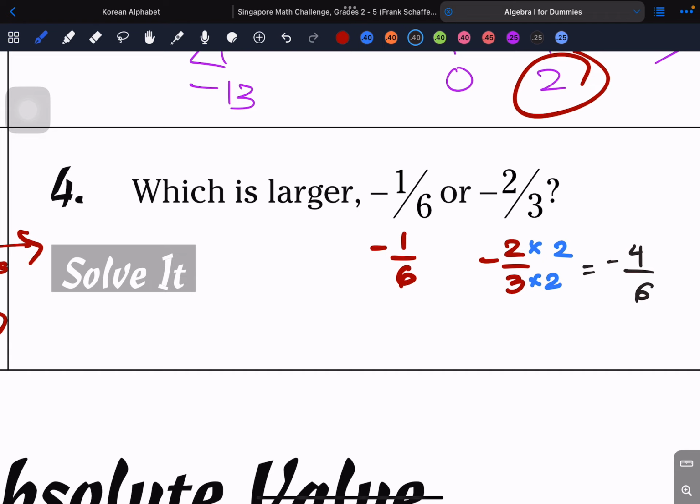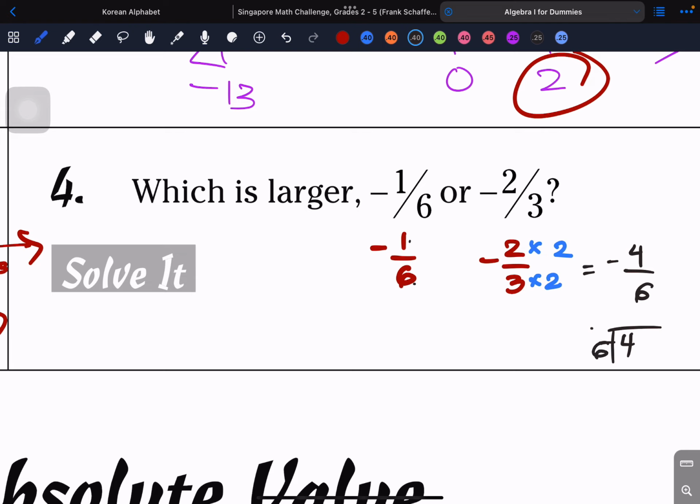Pwede mong gawin na i-divide ito. Negative 4/6.